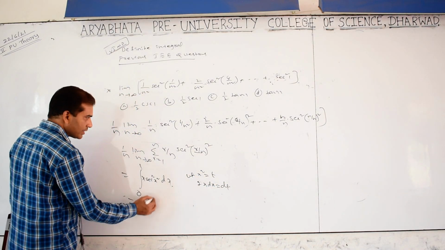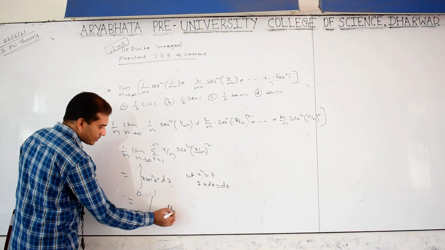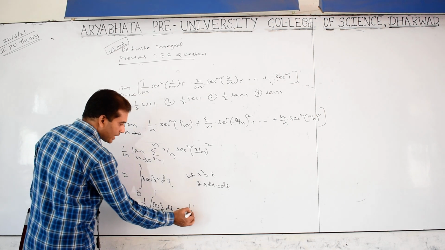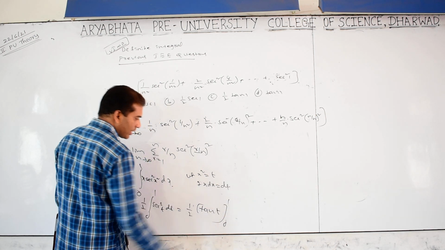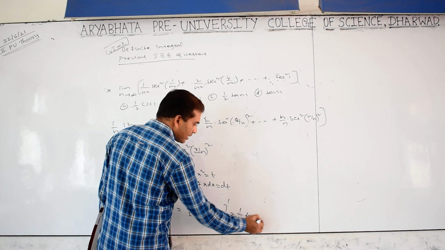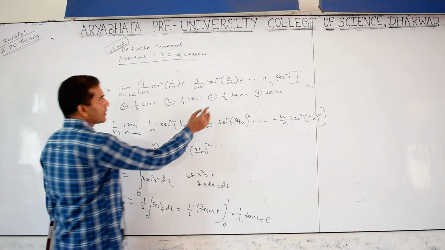Change the limits here, 0 to 1. x dx is equal to dt by 2, and integration of secant square t is tan t, limits 0 to 1. So 1 by 2, apply upper limit tan 1, lower limit is 0. So the answer is 1 by 2 tan 1.